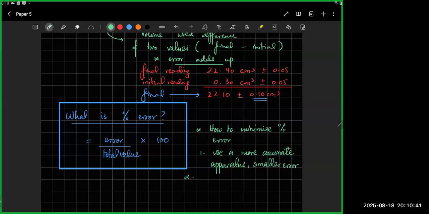The second method of minimizing the error or the percentage error is the total value that you're measuring, make it a larger value. Okay, so the other thing is measure a larger value. So it could be a larger mass or a larger volume or a larger temperature.